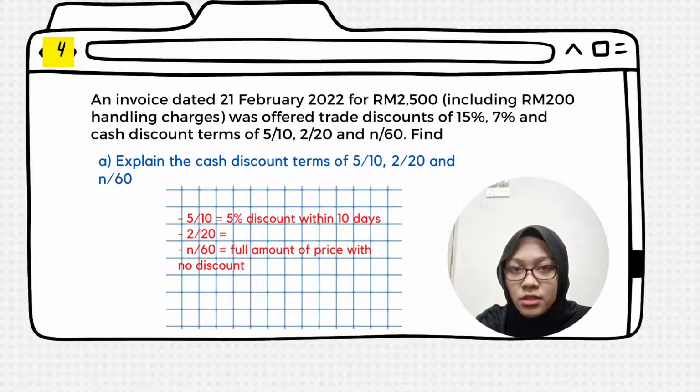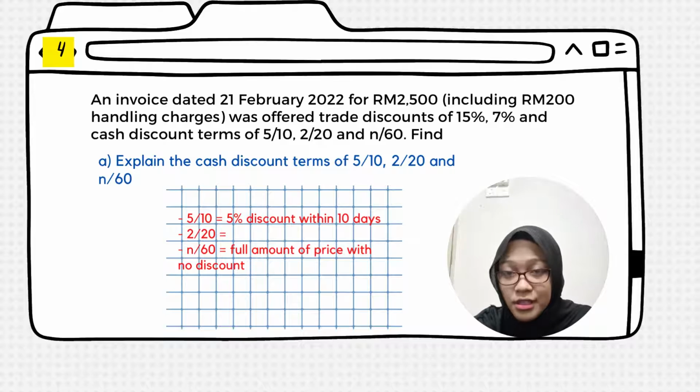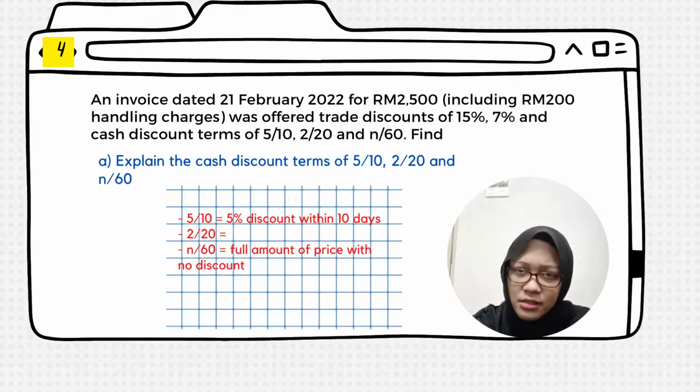Question A is to explain the cash discount terms of 5/10, 2/20 and N/60. So the answer is 5/10, which is 5% discount within 10 days, and 2/20, which is 2% discount within 20 days, and N/60 is the full amount with no discount.